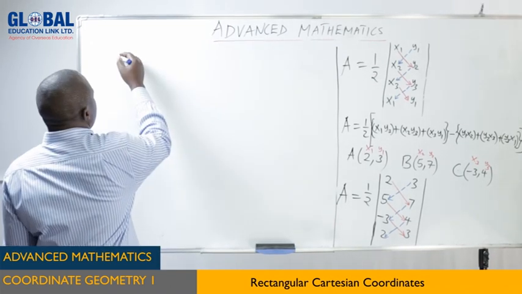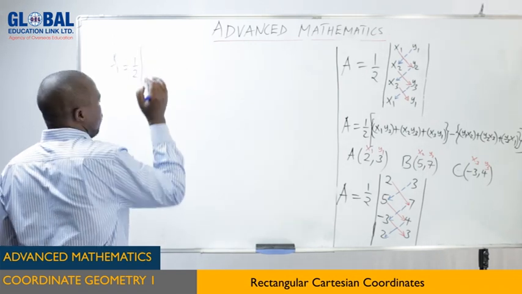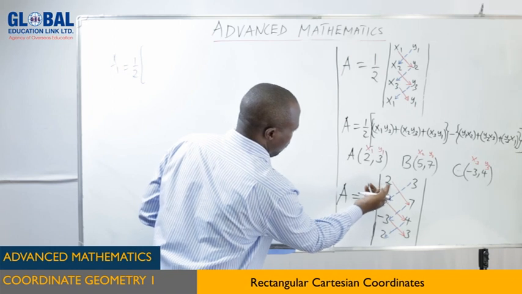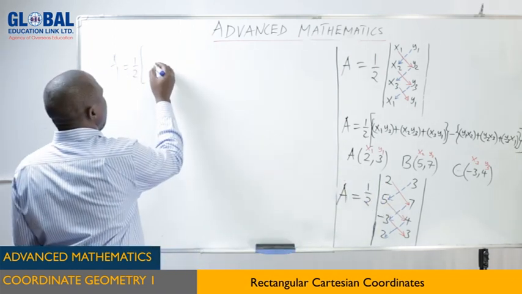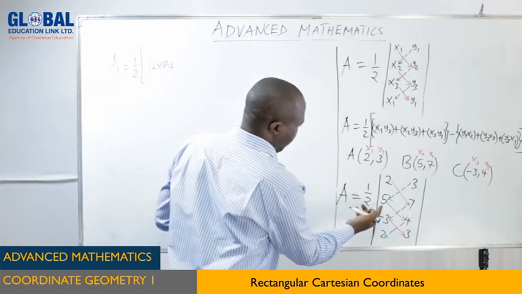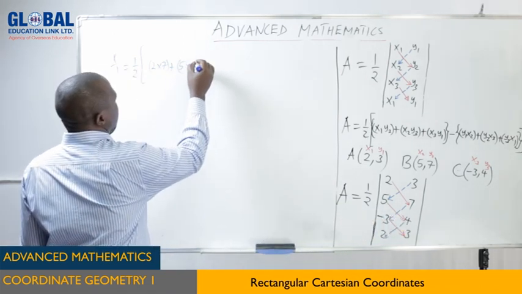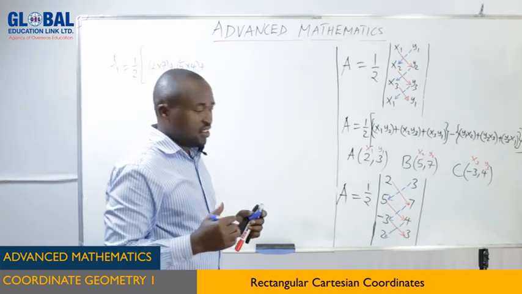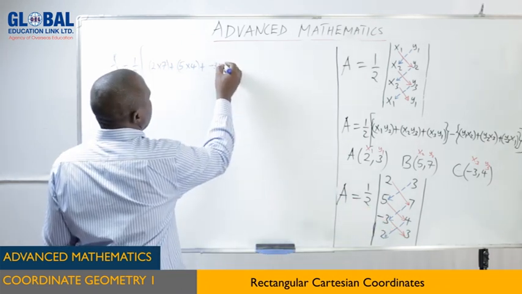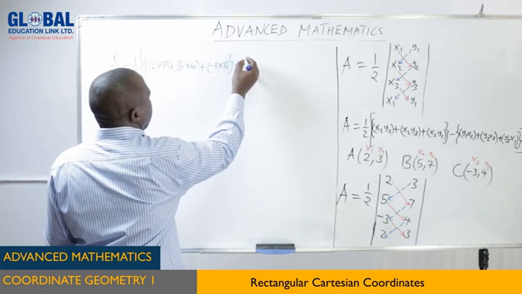So remember, area, that is A, is equal to a half, bracket of, starting with red arrows, that is 2 times 7, followed by 5 times 4, plus, the last one, negative 3 times 3. But this one, we minus.